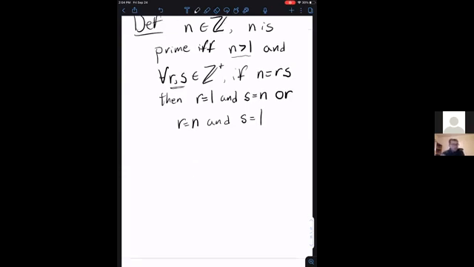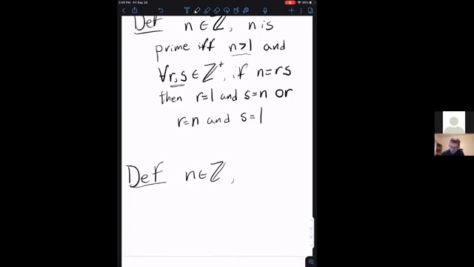There's another word, maybe you haven't heard it before. It's called composite. It just means not prime. So if you have an integer n, n is composite.